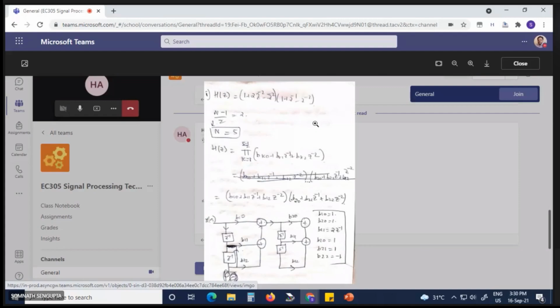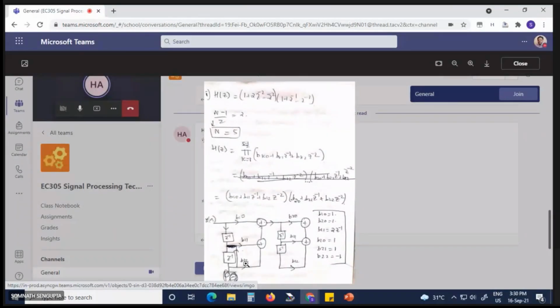Understand? Yes, sir. So B10 is 1, 2, minus 1. B12 should be minus 1. You have not written B12. Sir, I wrote it, sir. From there I'm sending two signals, one is B11 and one is B12.